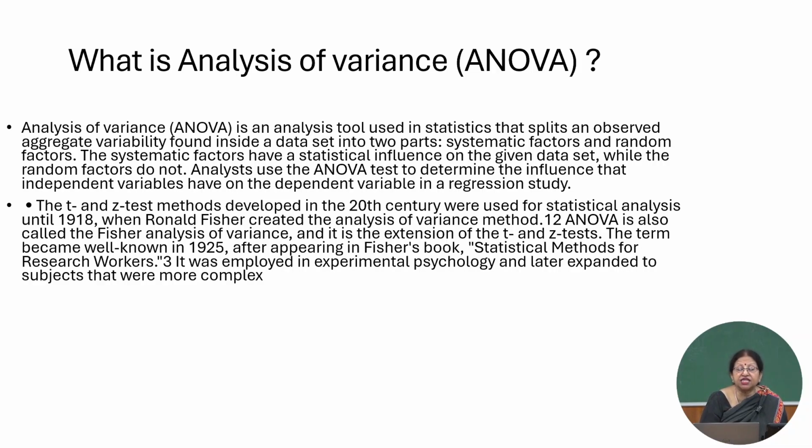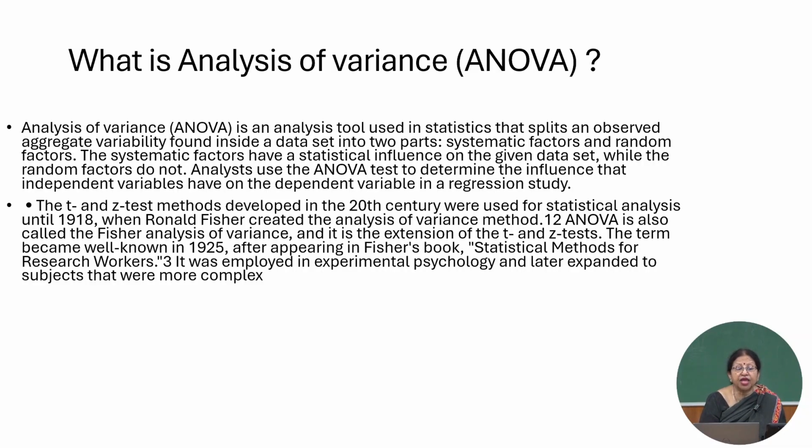The T and Z test methods developed in the 20th century were used for statistical analysis until 1918, when Ronald Fisher created the analysis of variance method. ANOVA is also called the Fisher analysis of variance, as it is the extension of the T and Z tests.